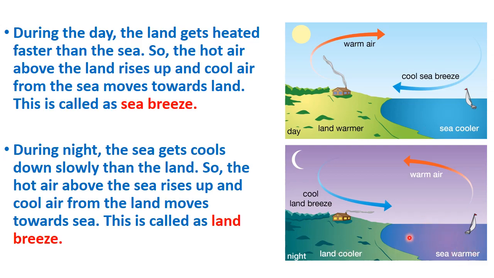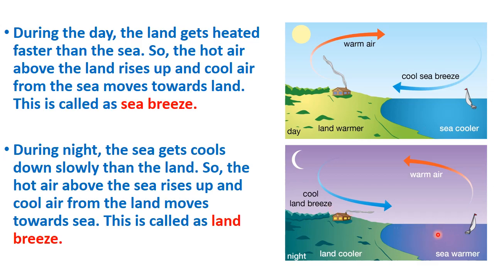So the hot air which is present above the sea will rise up. Then the cool air which is present above the land will occupy this space. It will move towards the sea.